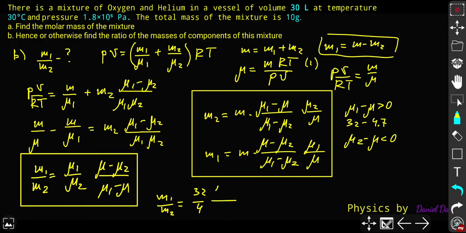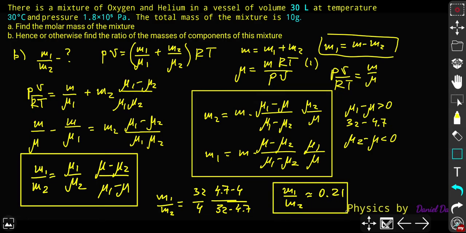So 4.7 minus 4, and over 32 minus 4.7. All right, so those numbers will lead us to the ratio M1 to M2 as around 0.21, and that's going to be the final numerical solution here.